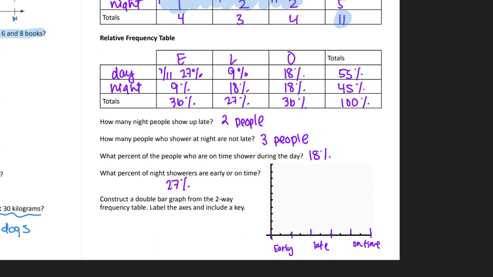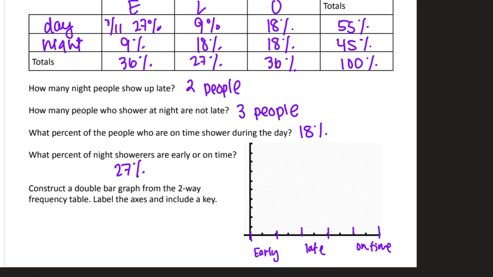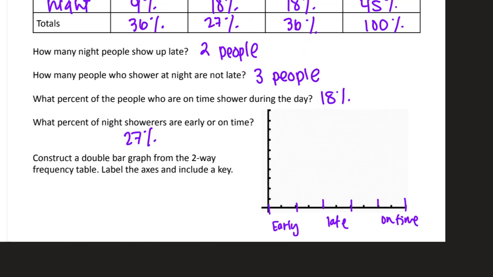So starting with the early, there's 3 day and 1 night. So 3 day and 1 night. So I'm going to say blue is day and red is night.